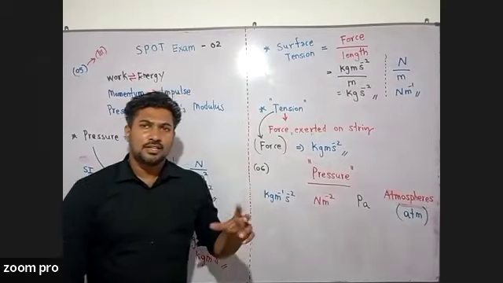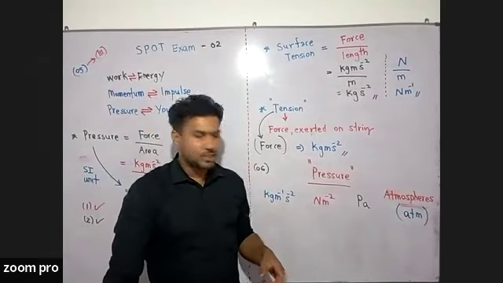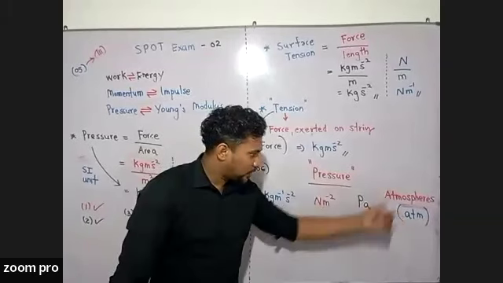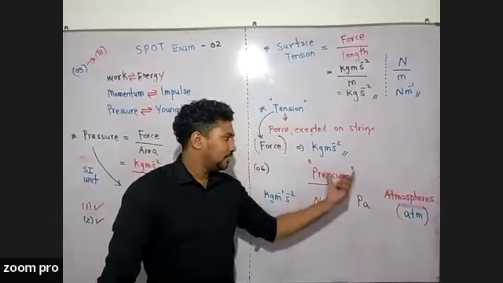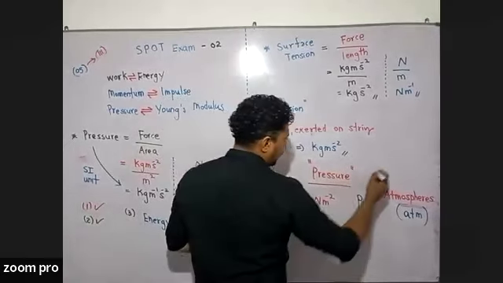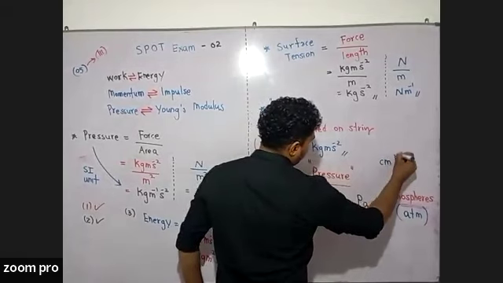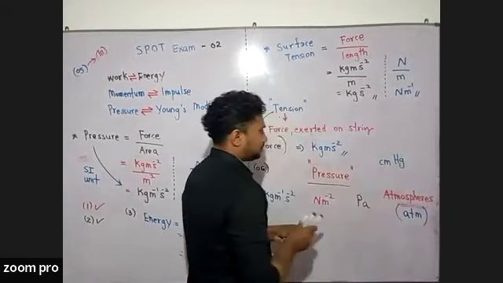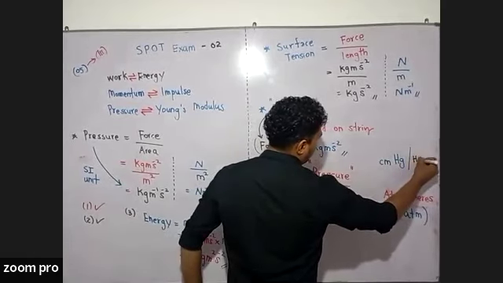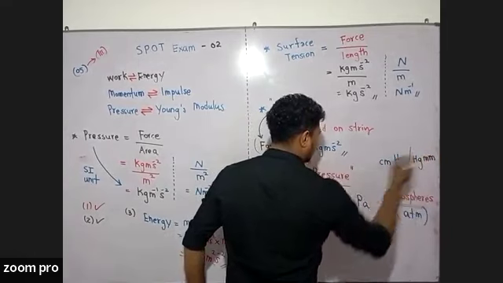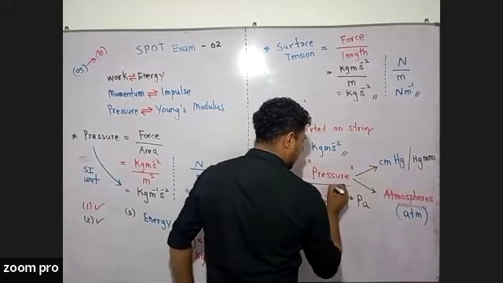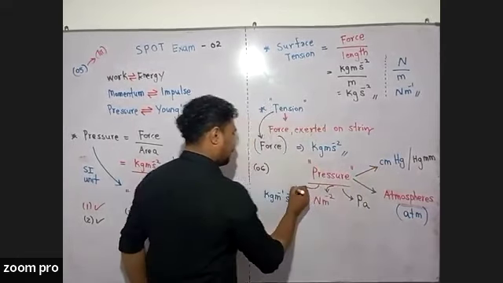Normally we call the normal atmospheric pressure 1 atm, that means 1 atmosphere. On the other hand, mercury centimeters or mercury millimeters are also units used to measure pressure, right?